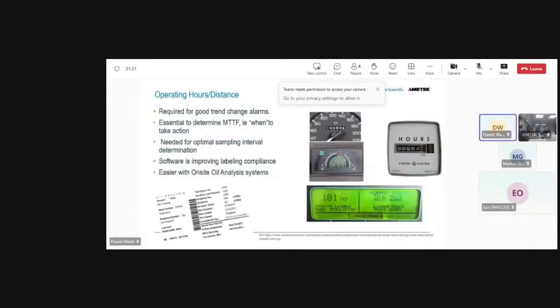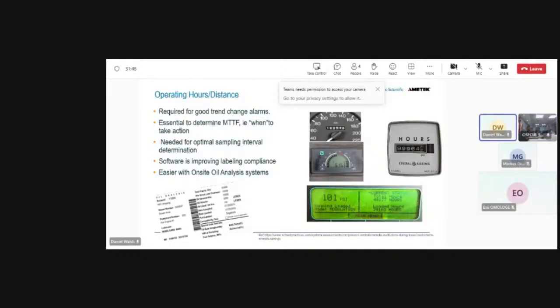In an ideal situation, you want to be recording the time as much as possible. It determines what's going on, time or distance, whatever you're using. If you're using a fleet, make sure you record the time on the vehicle, the time on the machine. If it's construction equipment, how many hours? If it's a turbine, what is the hour rate? Or I show you a picture here of a compressor.